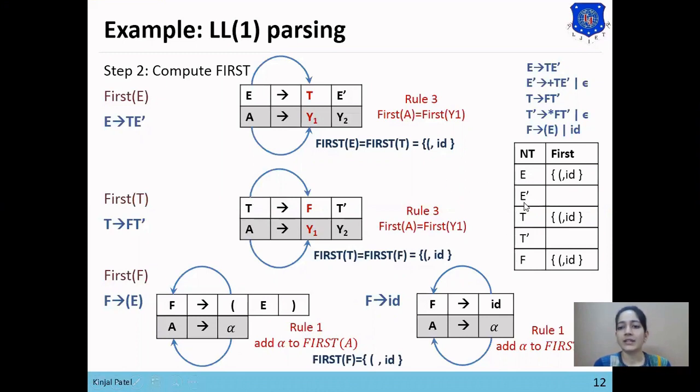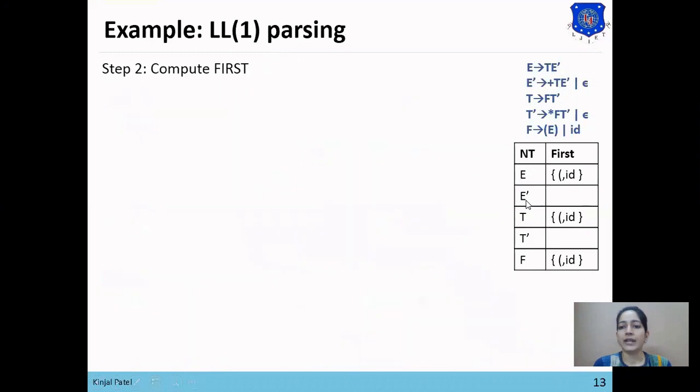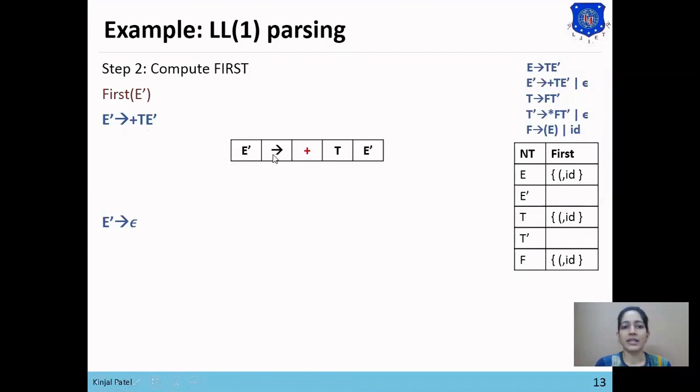Now the next task is to find the first of E dash. The production of E dash is plus T E dash and null. First we'll check plus T E dash, as this matches the first rule, that if a terminal symbol is at the first position, then that terminal symbol will directly be added into first of E dash.